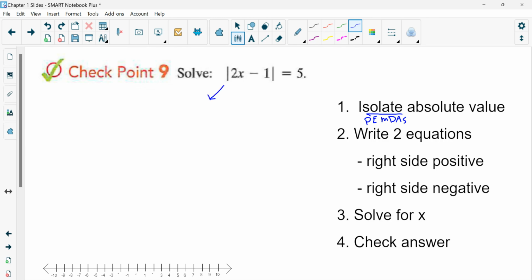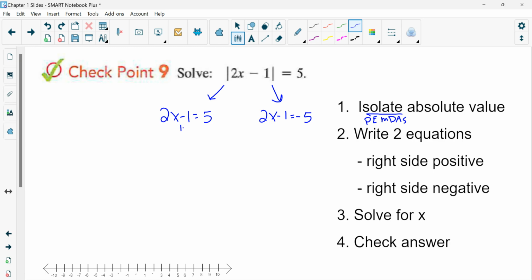So 2x minus 1 equals 5, and 2x minus 1 equals negative 5. Now we're just going to solve two separate problems for x. That's step 4. We can check our answer if we like.